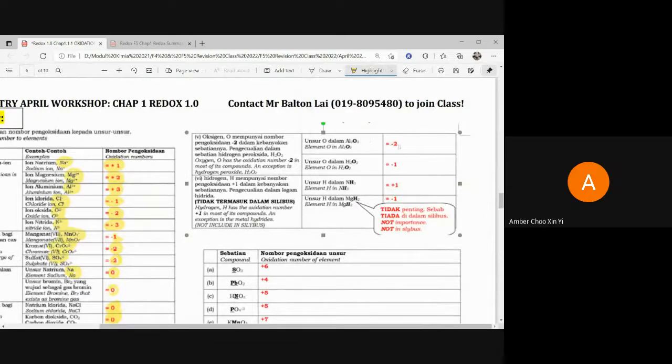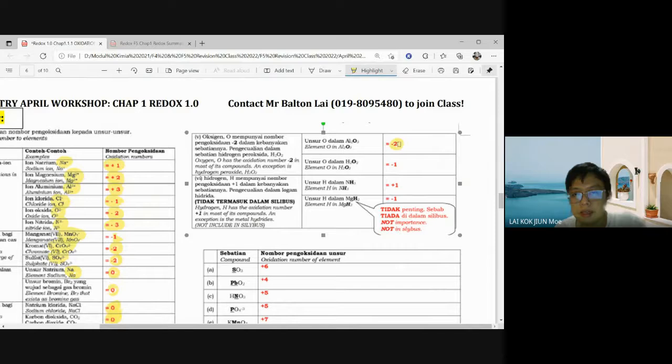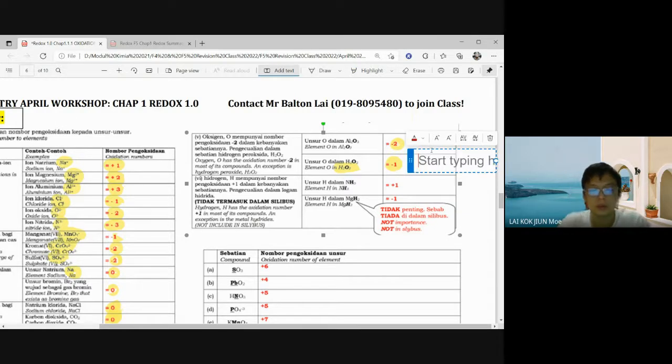Okay, so for this part, oxygen normally is -2 kan. Tetapi ada special. Kalau dalam hydrogen peroxide, dia tak boleh -2 sudah kan, Amber. Dia kena berapa charge? So Amber, you can show the calculation also kan. Kalau you nak tahu, you boleh tunjuk equal to berapa? H2O2? 0.